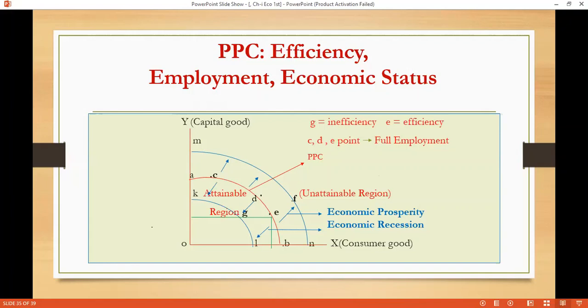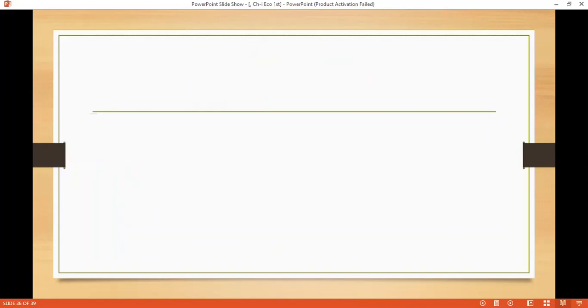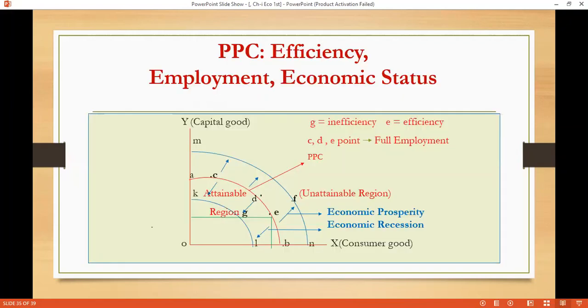Okay, now let us come to another discussion, that is about the economic status. The PPC curve can shift. It can go outward, or it can go inward. Here we see the blue outside PPC curve, that is the MN curve. It goes outside. That means the country has reached this outside PPC.